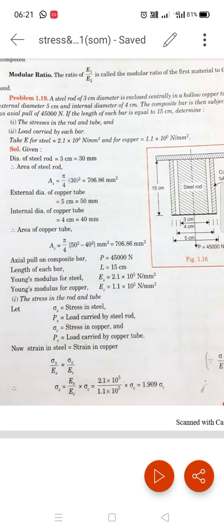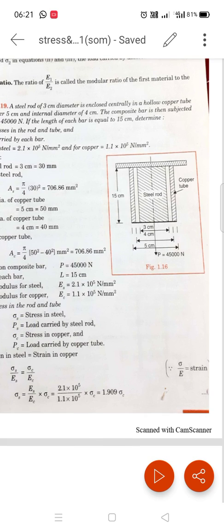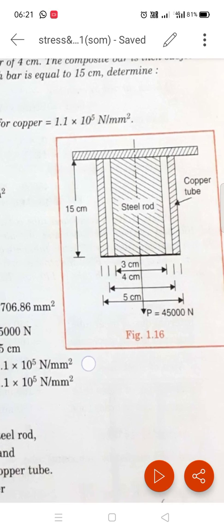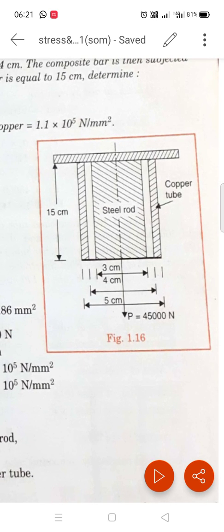Solution. First of all we will show the diagram. The total length of the steel rod and copper tube is 15 centimeter. The steel rod is enclosed in the hollow copper tube.